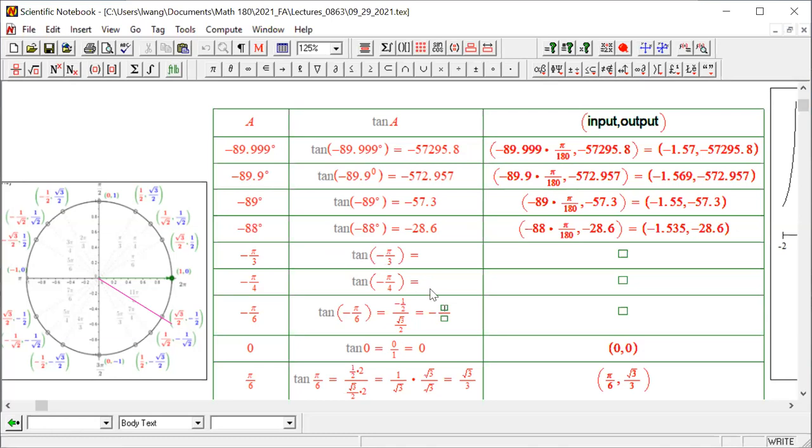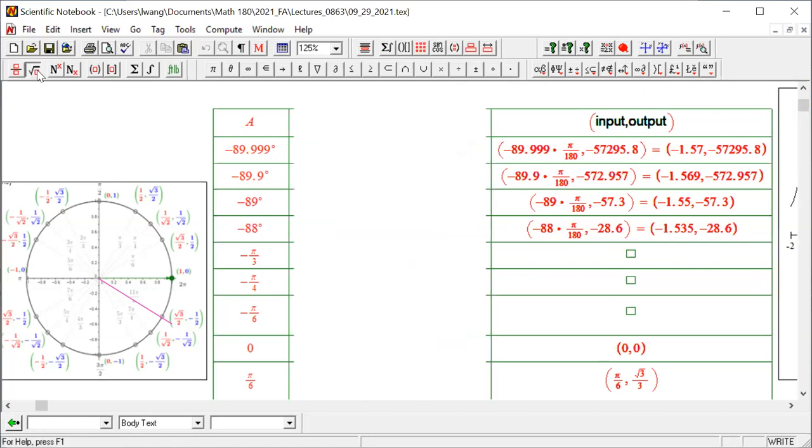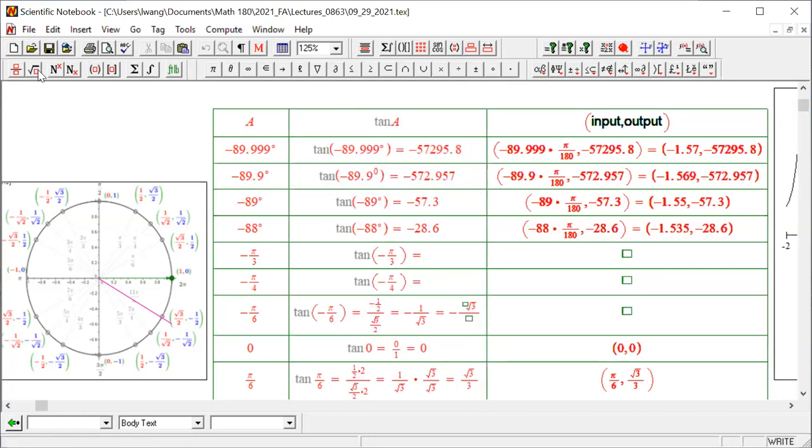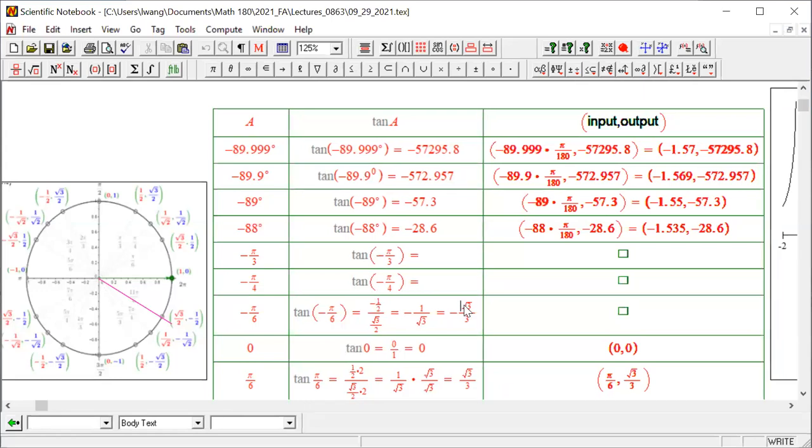Okay, so this is going to be, sorry? No, I was just going to say the answer for negative pi over 6 would be negative radical 3, right? Absolutely, you are absolutely right. And you are going to get better and better at this very quickly, I assure you. At the beginning, using ARD may seem long, right?